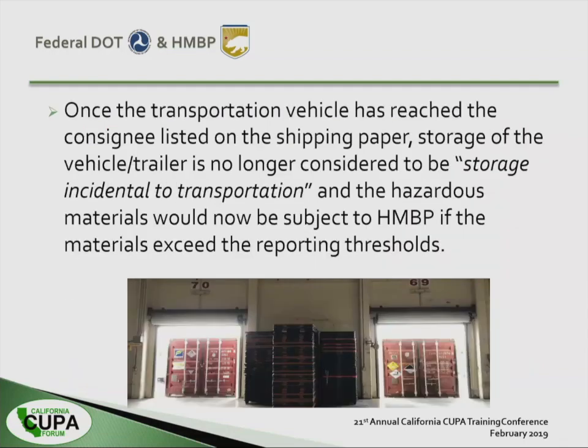Once the transportation vehicle gets to the consignee, which basically means the end of the shipping paper, so once it's delivered to its final destination, as far as the shipper was concerned, so the shipper decides, I'm going to ship it to warehouse A, and that's my designee, that facility is now subject to reporting requirements. But in between, the shipping location and the shipper is not required to be reportable.